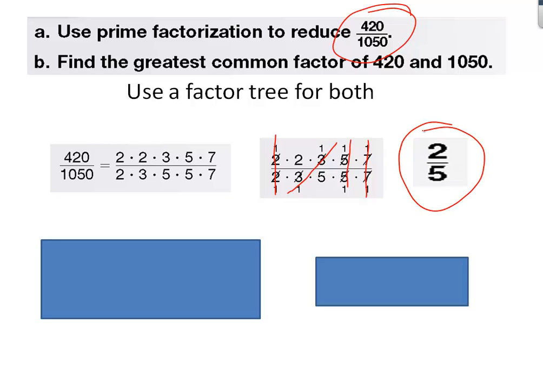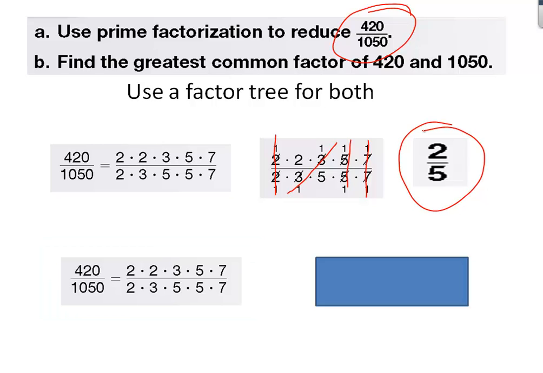So how do we find the greatest common factor of 420 and 1050 using that same factor tree and those same factors for each of those numbers we came up with? Well, the way we use the largest is just the opposite. We find the ones that are in common, our 2's, our 3's, our 5's, and our 7's. This time we're going to ignore the 2/5.